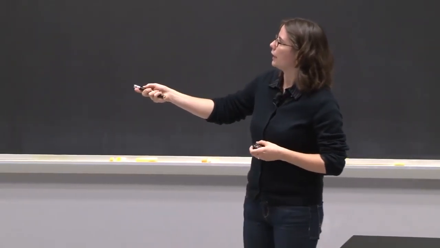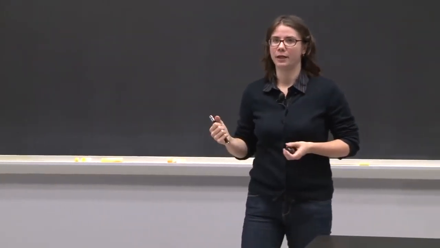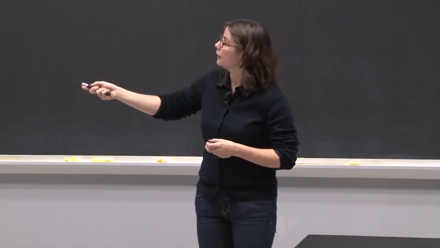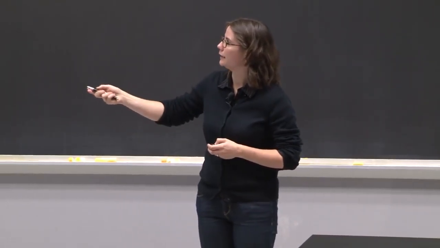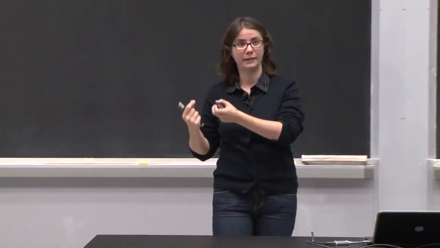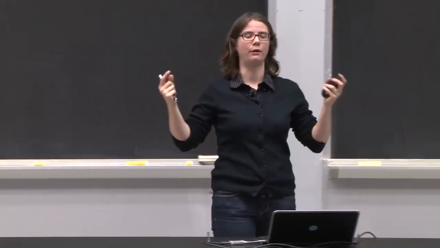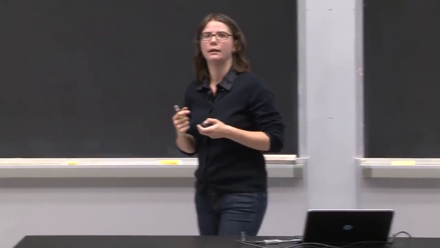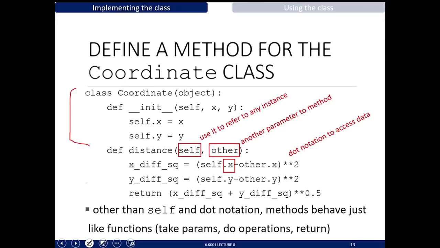Self and other are coordinate objects. Inside this method, I have to refer to the x data attributes of each object if I want to find the difference between the 2 x values. So that's why I'm doing self.x here, right? If I just did x, I would be accessing just some variable named x in the program, which actually isn't even defined.